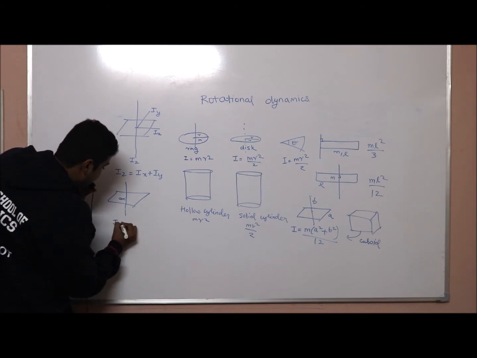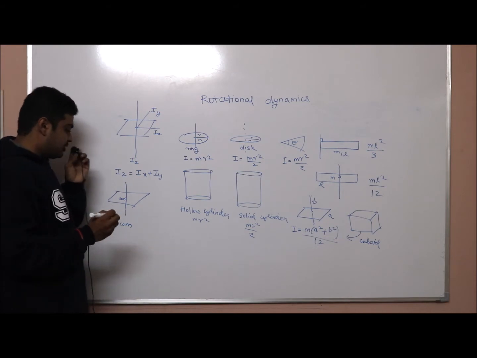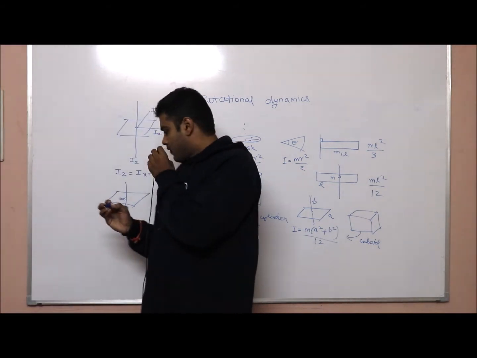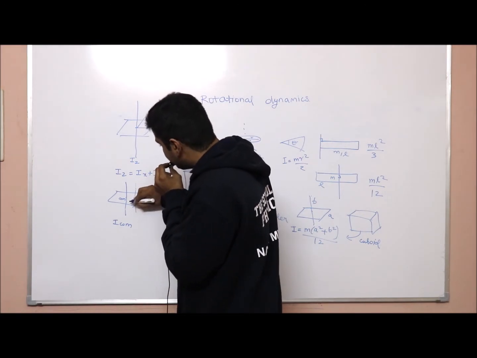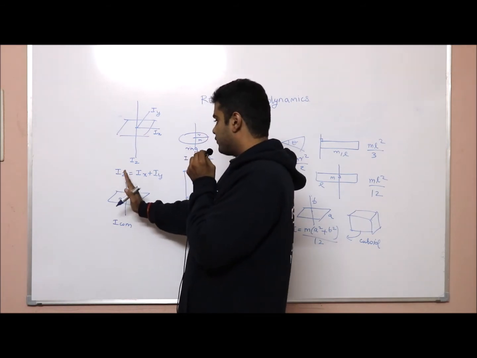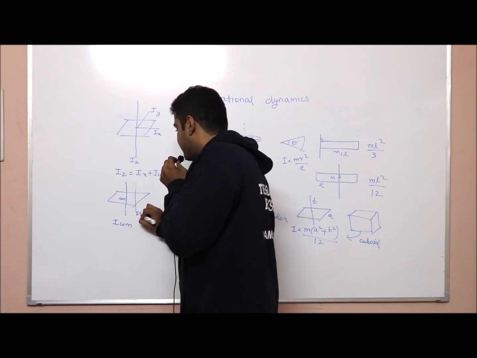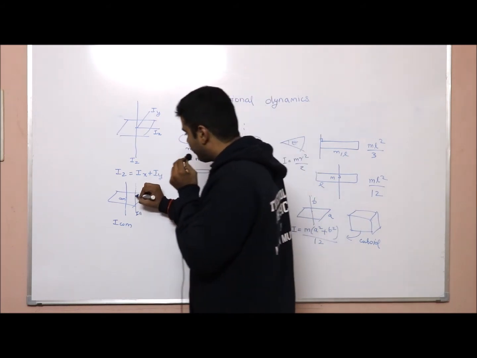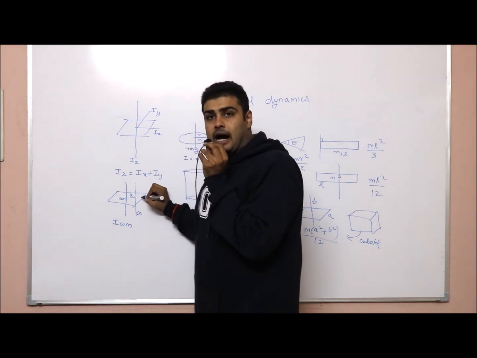Now we take an axis passing through the center of mass. This can be any axis at any angle. Now we'll take an axis which is parallel to this axis. So this is called I parallel. Now the distance of this axis from the center of mass, suppose we call it d, and the mass of this object is m.